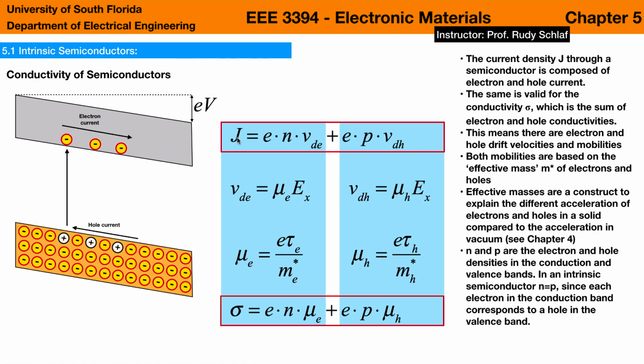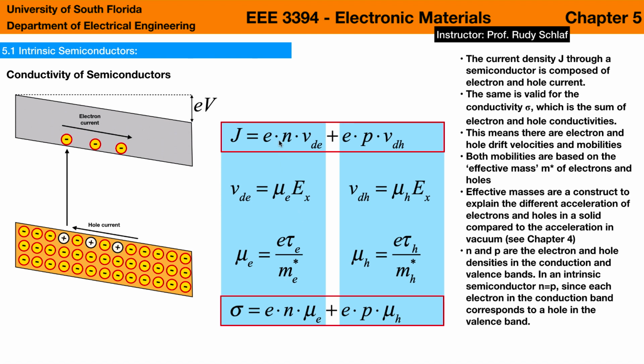I just told you that the current density in semiconductors is composed of the electron and the hole components of the current. And with that, of course, we can define drift velocities and mobilities for electron and hole currents, and then we can calculate the conductivity of semiconductors.